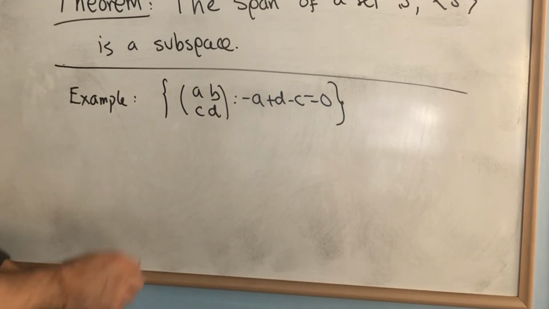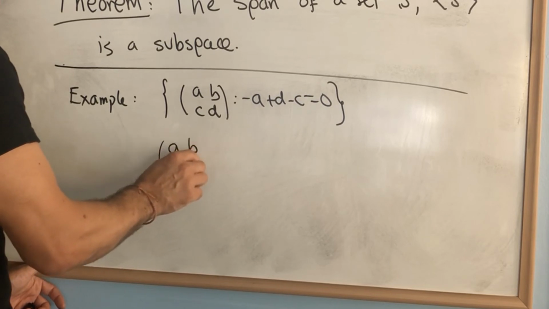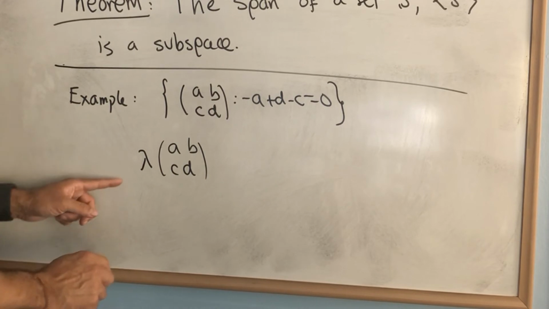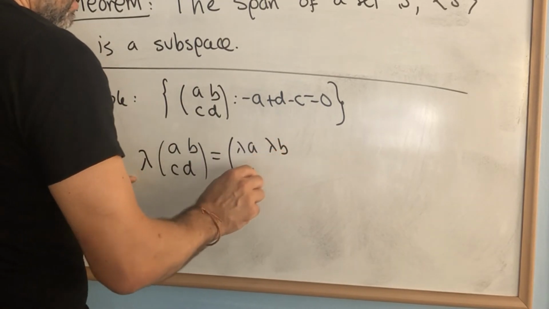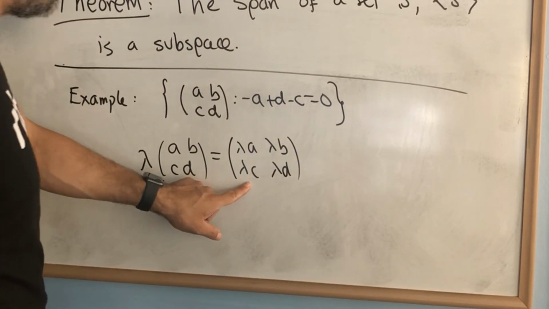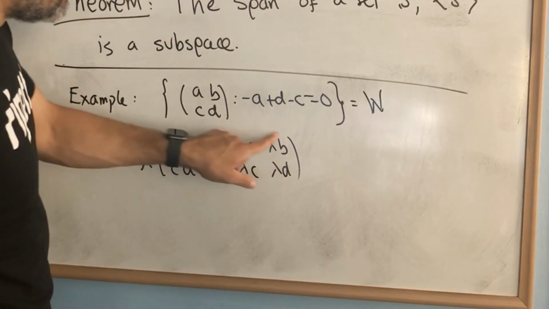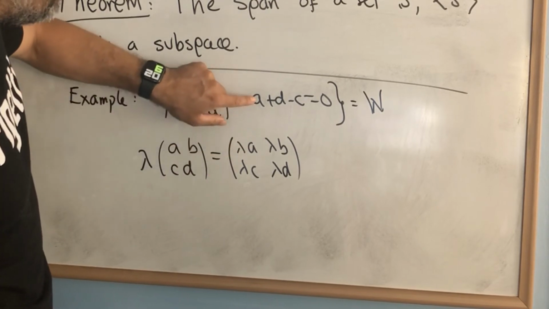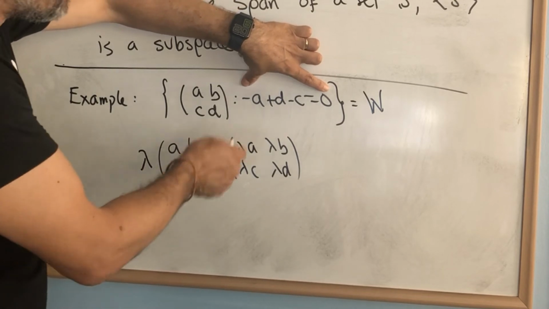We need to pick a generic matrix. And we need to prove that if we multiply it by a lambda, then what matrix do we get? We get lambda A, lambda B, lambda C, lambda D. And then let's call this the space W. We need to show that this matrix is in W. But to prove that this matrix is in W, we need to show that it satisfies the property that allows it to be in W.